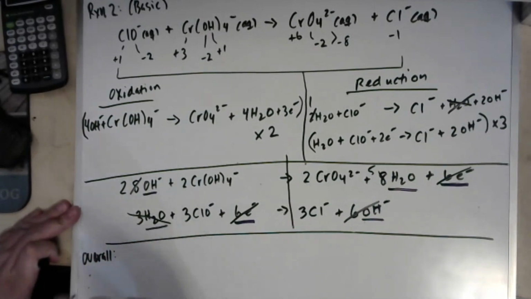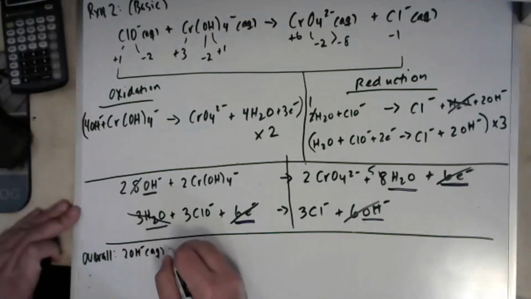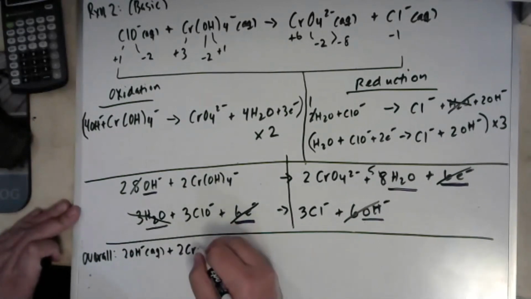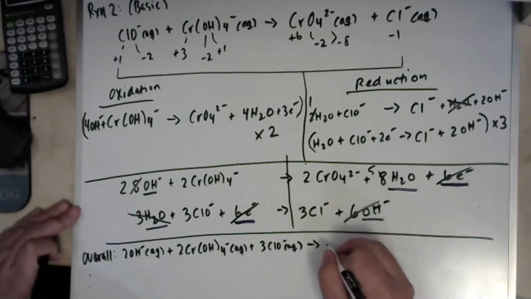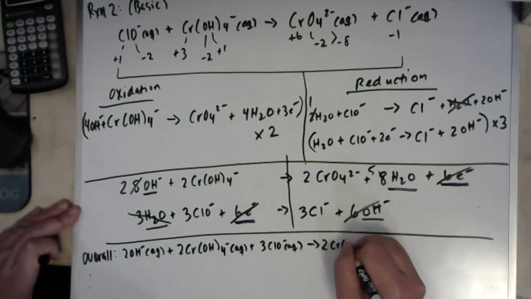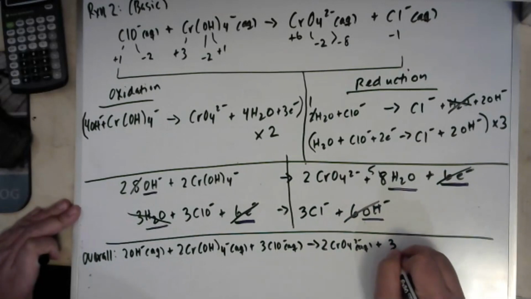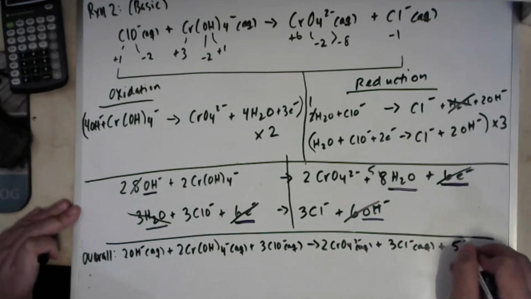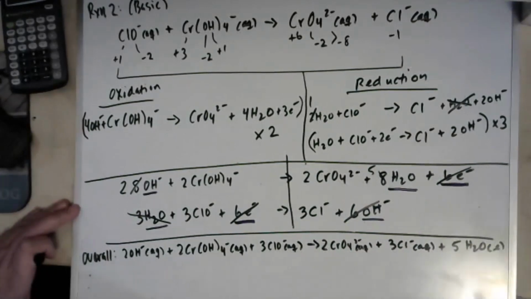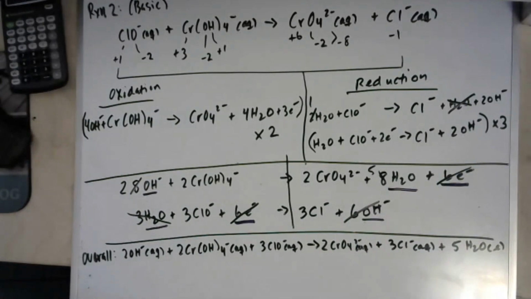So that is going to be 2 hydroxide ions, 2 Cr(OH)4 minus, 3 ClO minus, 2 CrO4 2 minus, 3 Cl minus, and 5 H2Os. Okay, and that's the overall balanced reaction.